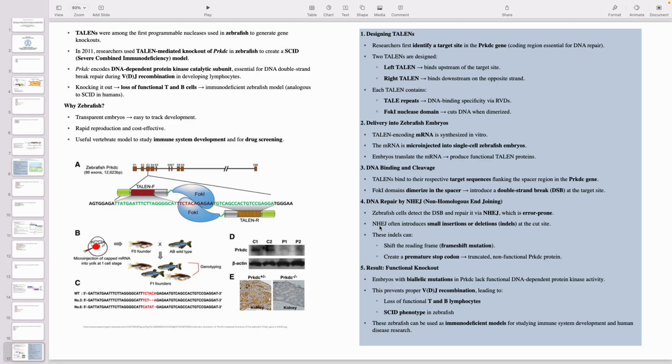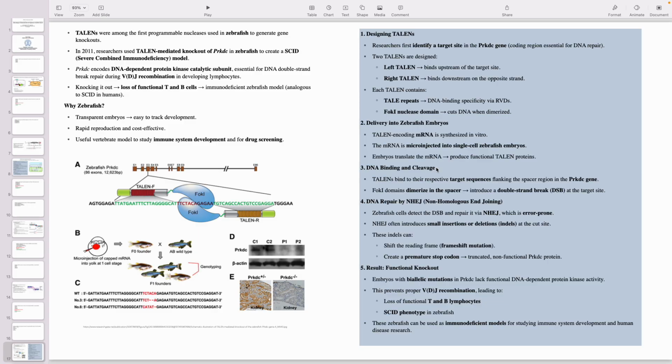Non-homologous end joining repair often introduces small insertions or deletions, which are the indels, at the cut site. These indels can shift the reading frame, leading to a frameshift mutation, or they can create a premature stop codon, which results in a truncated or non-functional PRKDC protein.